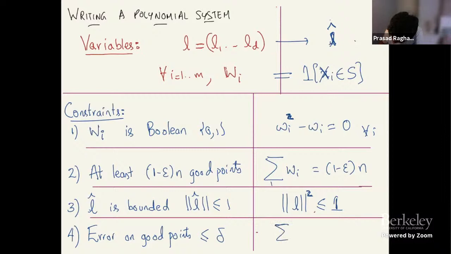I sum over all points, i equal to 1 through n, wi picks out only the good points, and then (yi minus the inner product of L and xi) whole squared. That gives you the error on the good points, and we want it to be on average less than delta. So 1 over n times this sum is less than or equal to delta.